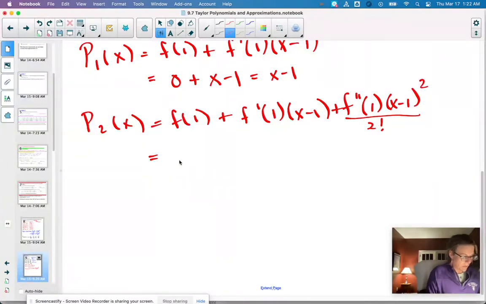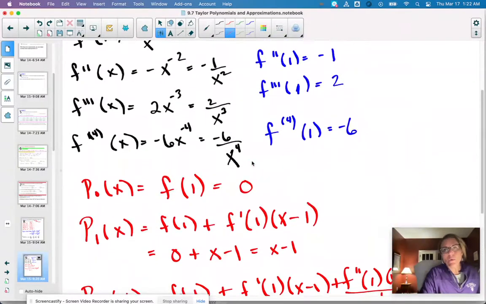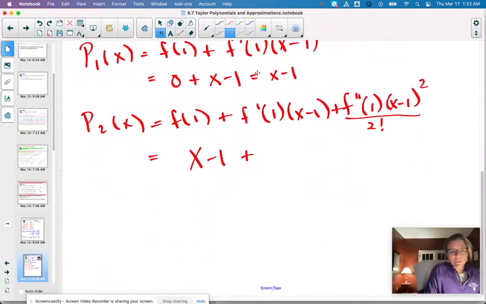We already know f of 1 is 0, and f prime of 1 times x minus 1 is just x minus 1. The second derivative at 1 is negative 1, so it's going to be negative 1 over 2 factorial times x minus 1 squared.